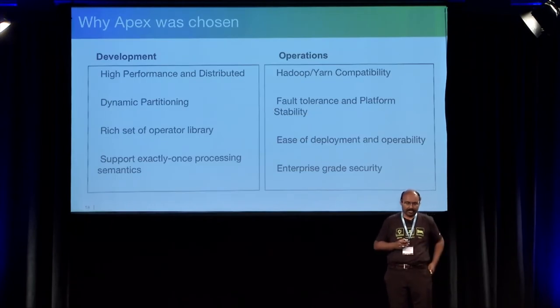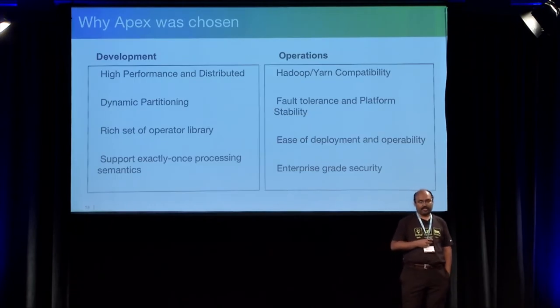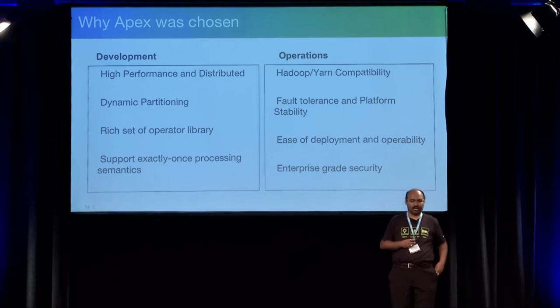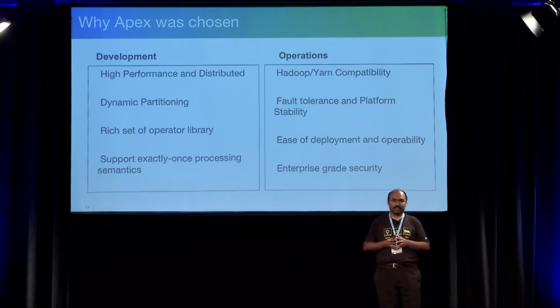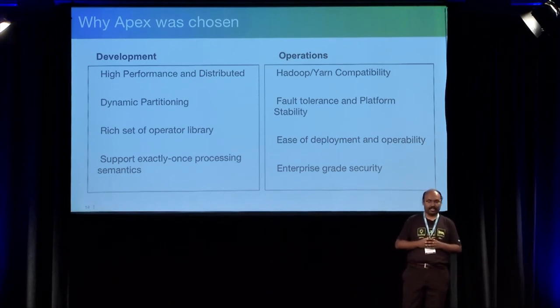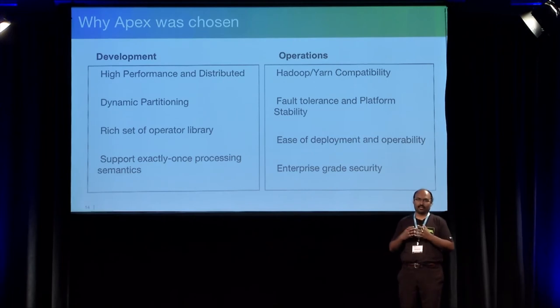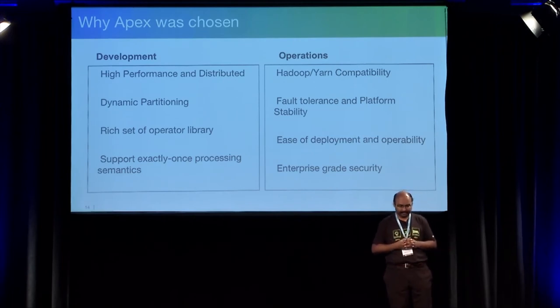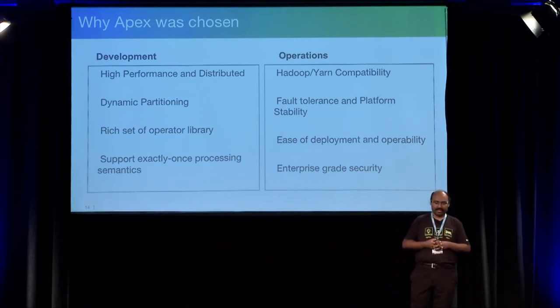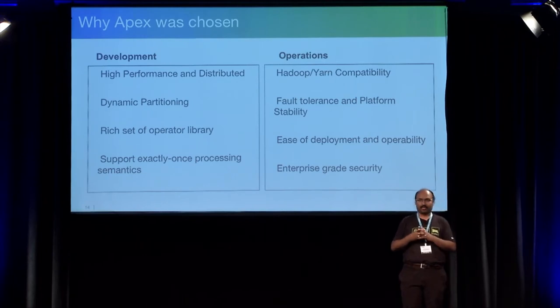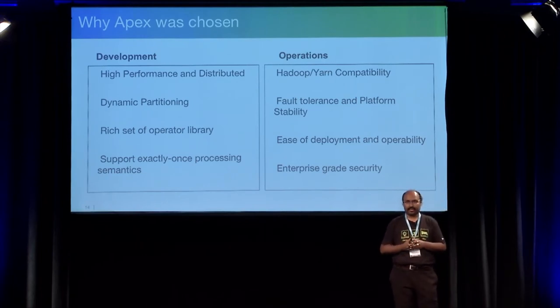So why was Apex chosen? One of the main reasons was it's fault tolerant, distributed, in-memory, with a rich set of operators, and it can ensure that you're processing data without any loss or duplicates, even in case of failures. The other operational capabilities: it's totally Hadoop native, so you don't need anything else.